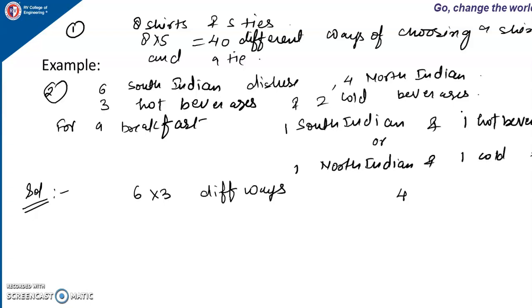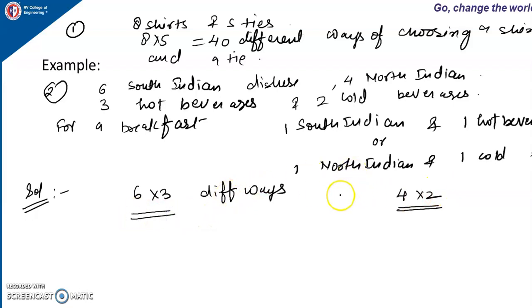So the first combination is South Indian and hot beverage, he wants both, so 6 into 3. Now North Indian, there are 4 dishes, and he wants 1 cold beverage, of which there are 2, so 4 into 2. This is the second way of having breakfast, and this is the first way.